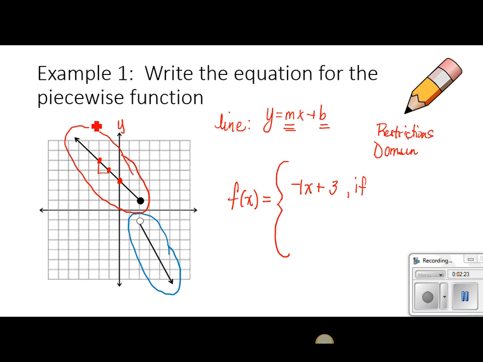So what's the domain of this graph? If we remember that little foldable, we would say, well, this would run into an arrow, so we would be at -infinity all the way to 2. Well, I don't want to write it in interval notation. I want to write it in inequality form.